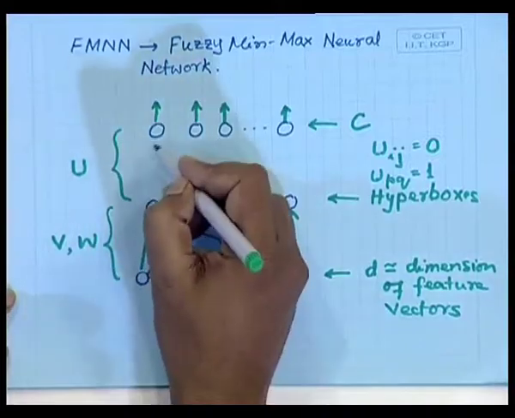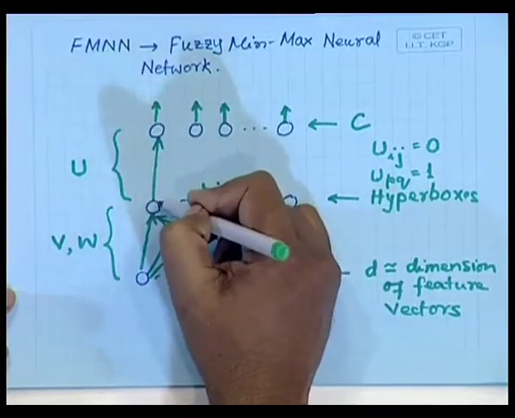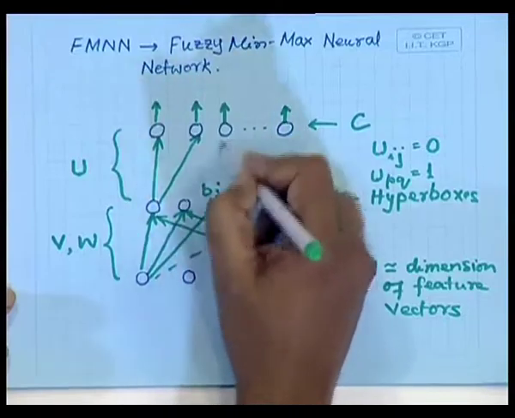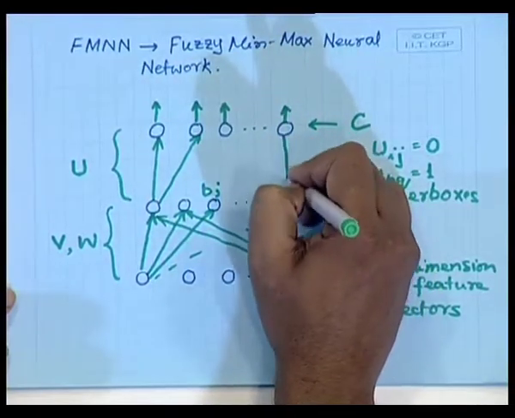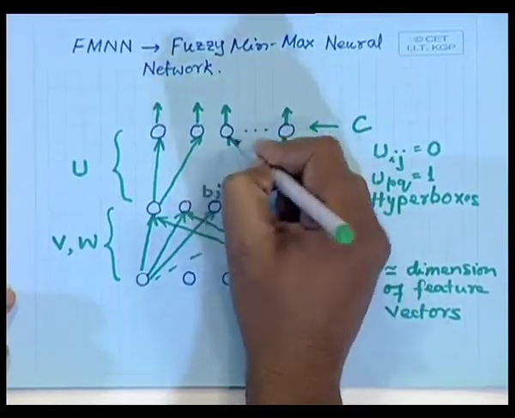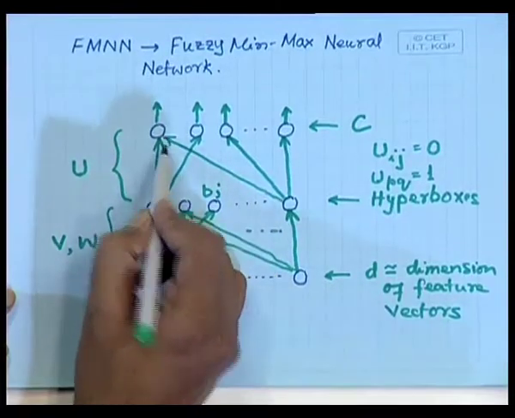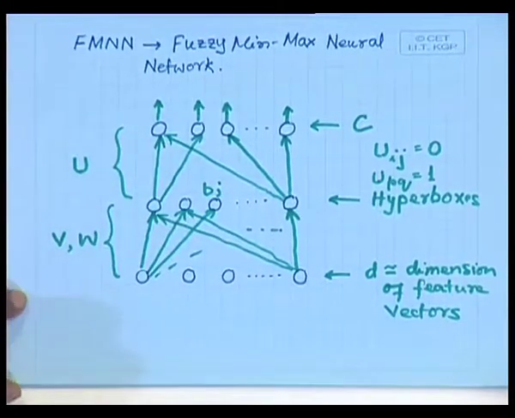Okay. So, accordingly, I will have connections from the hidden layer nodes to the nodes in the output layer. So, this being binary, either I will have a connection or I will have no connection. So, these connection weights are either zeros or ones. Okay.